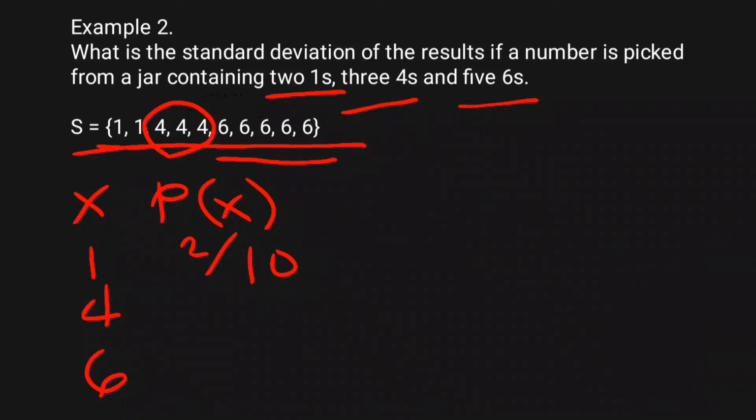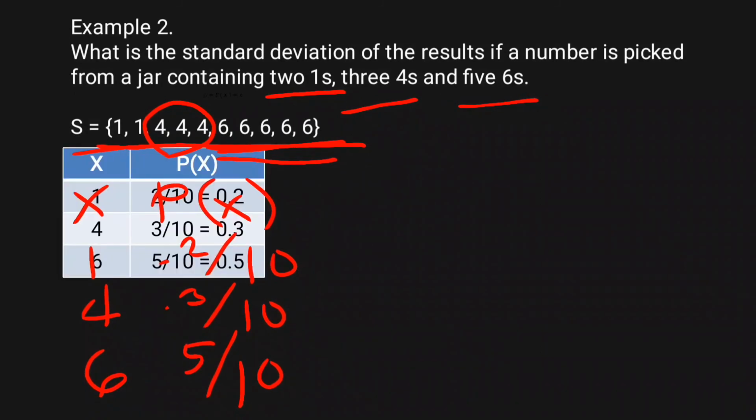When x is 4, we have three 4s, so 3 over 10. And when x is 6, we have 5, so 5 over 10. If we add 2 over 10, 3 over 10, and 5 over 10, that is 10 over 10 or 1.